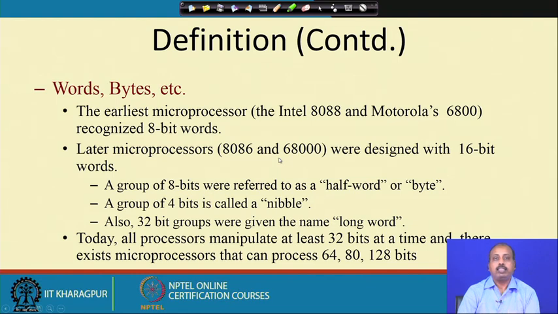The reason is that the 8085 came before all these, the 8086 and 8088, and it was a very popular processor. Many systems were developed using the 8085, and the 8085 has an 8-bit word, so the number of pins, the data lines that come out of the processor, was 8.